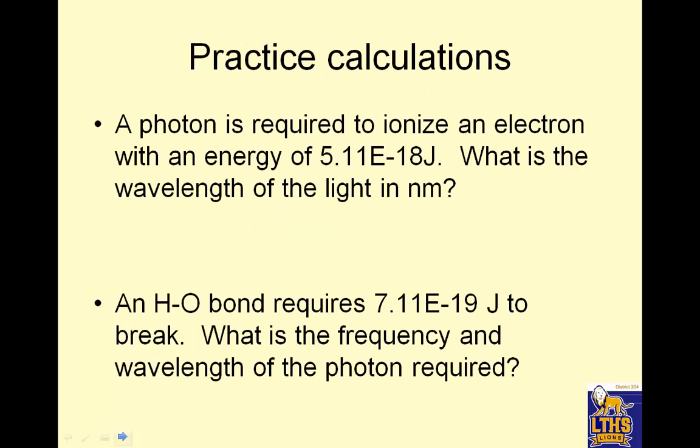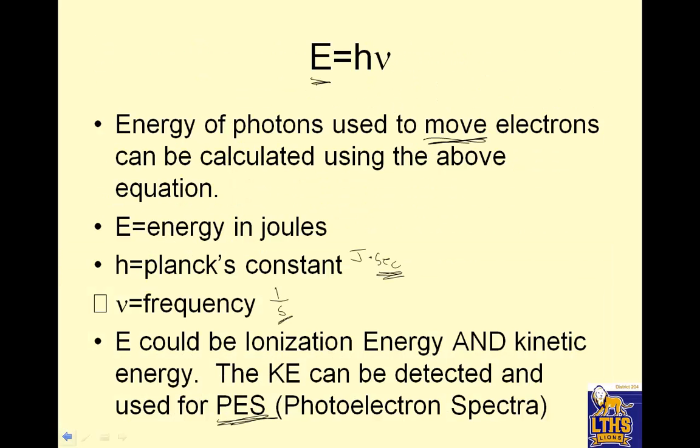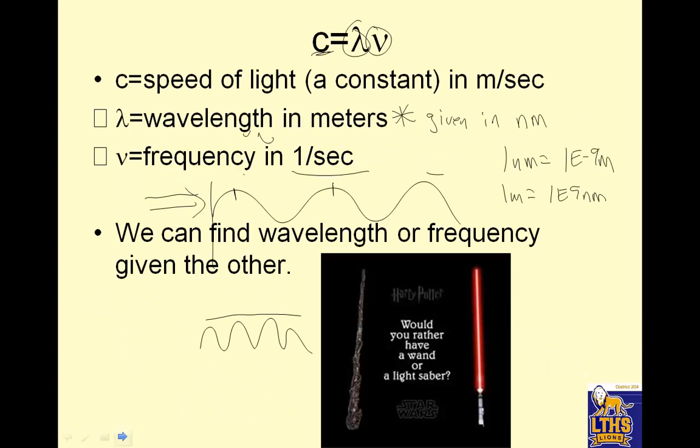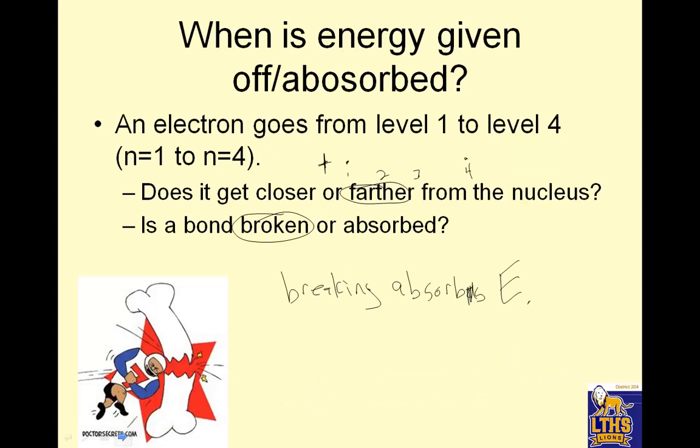Practice calculations. All right, calculator time. A photon is required to ionize an electron with an energy of blah. What is the wavelength of the light in nanometers? So I'm going to look for an equation that has energy and wavelength in it. E equals, wait, no, I don't have that. c equals lambda nu. I guess I have to do that first.